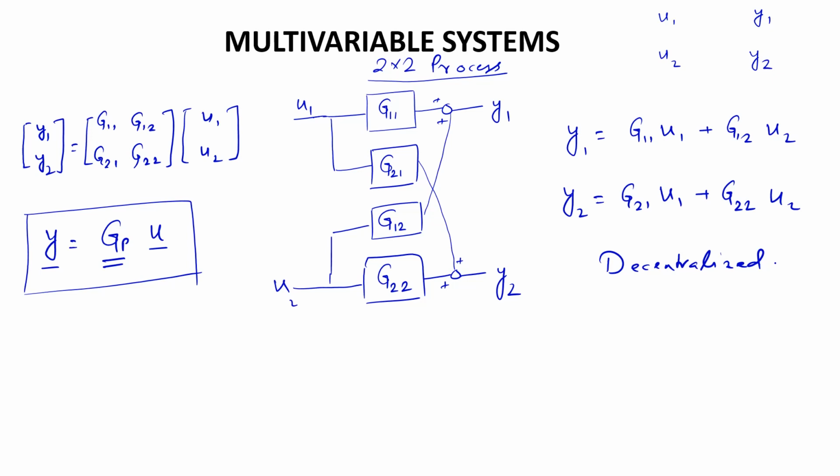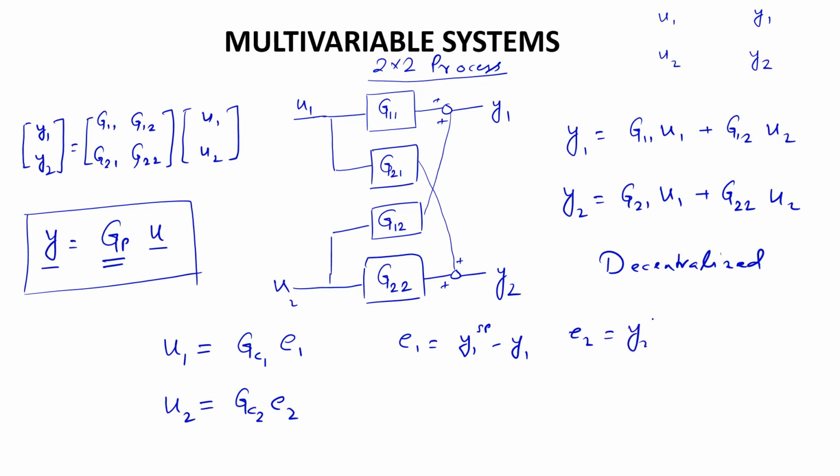So what we are saying is u1 is equal to gc1 times error in process variable 1, and gc1 could be a PID controller. u2 is gc2 times e2, where e1 is equal to y1 set point minus y1, and e2 is equal to y2 set point minus y2.